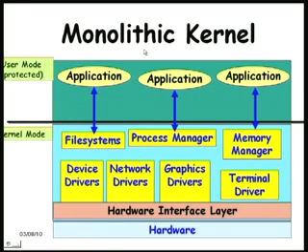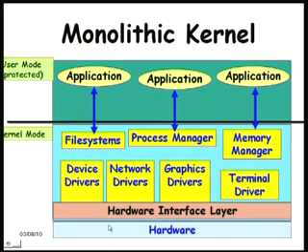So, if you look at the monolithic kernel approach, you see that the operating system is all in the kernel mode, starting from device driver to network driver to graphics driver, terminal driver, memory manager, process manager, file manager. Everything is in the kernel mode, which directly interacts with the hardware interface layer.